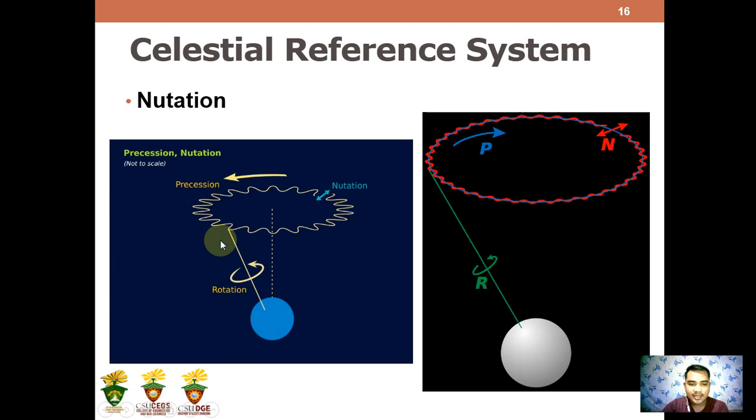Then as the Earth is doing the precession, which is the changing in direction, while rotating, it also moves along. That movement along the path of precession is what we call nutation.